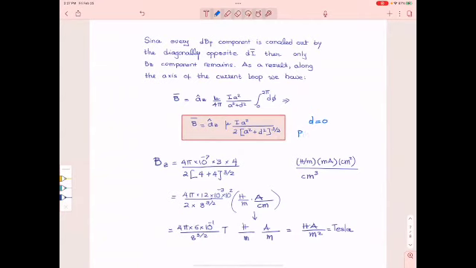What I find from here, when D is 0, is that B is still along the Z direction always. It's going to be mu I, and then I will have A squared over 2A cubed.